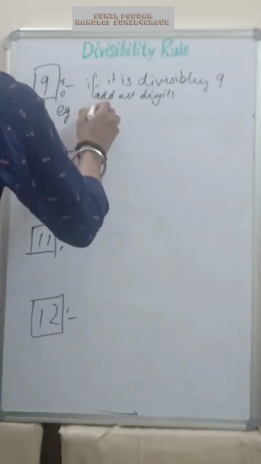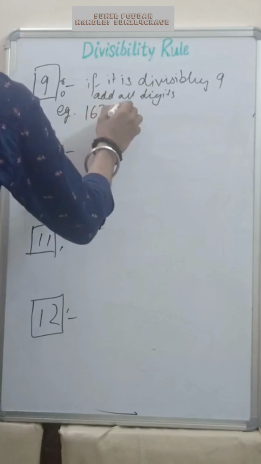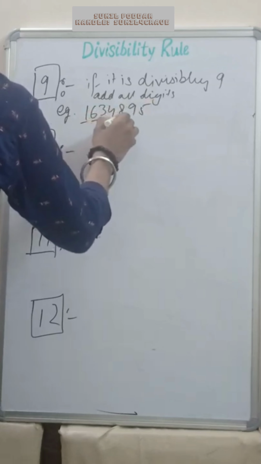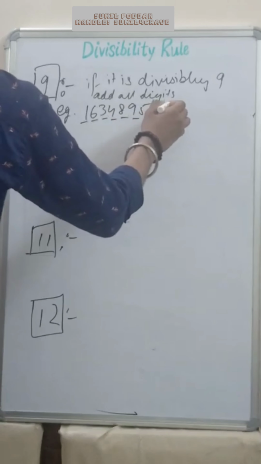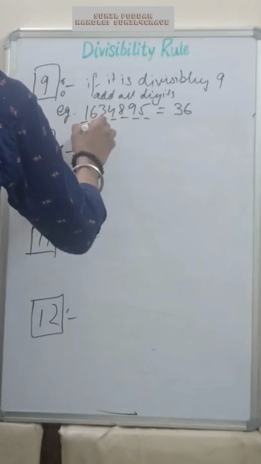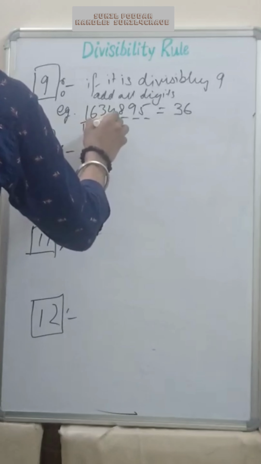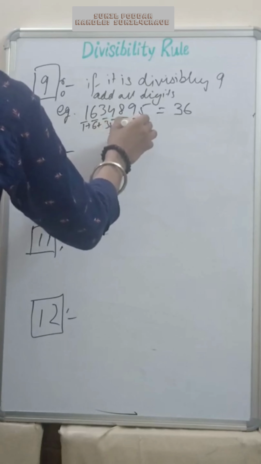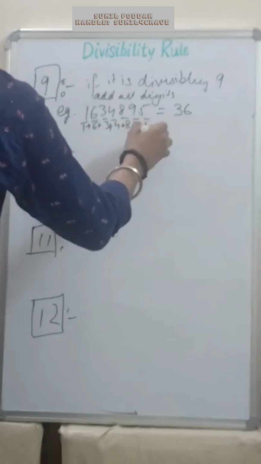If you add each digit, 1 plus 6 plus 3 plus 4 plus 8 plus 9 plus 5, the sum comes out 36. So you know 9 divides 36.